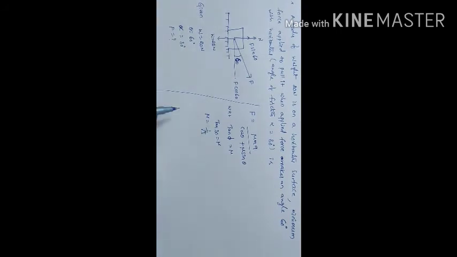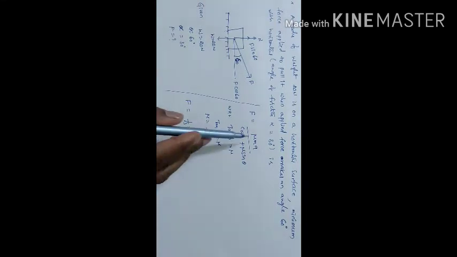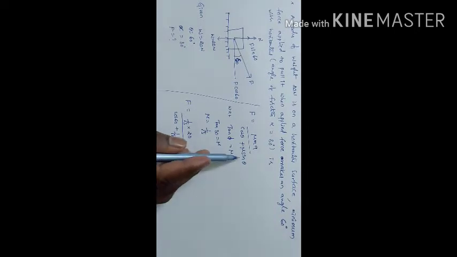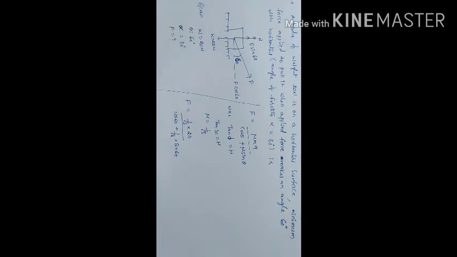So now F is equal to, what is the mu value? 1 by root 3 into, what is the mg weight? 20, divided by cos 60 plus mu, 1 by root 3, into sin 60.